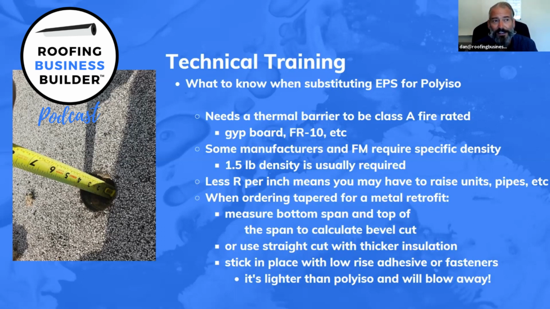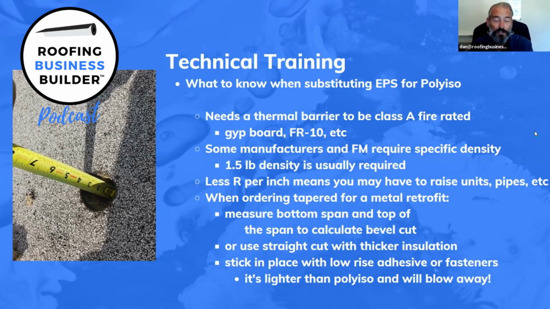FR10 is like a felt type looking material that has a Class A fire rating. As a separator, then you can actually meet whatever specification. So again, if you're dealing with specifiers, then you'll have to explain that. They probably already know, but you'll have some choices for them to make.